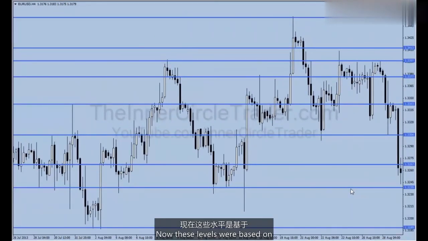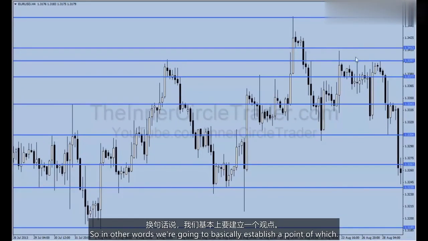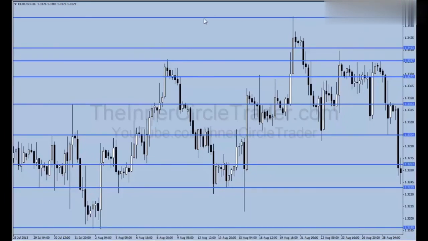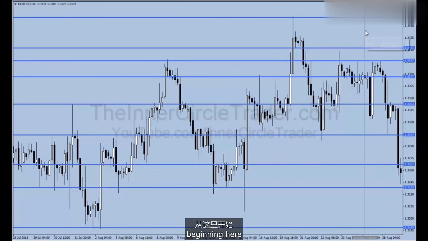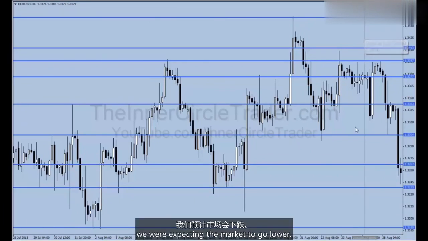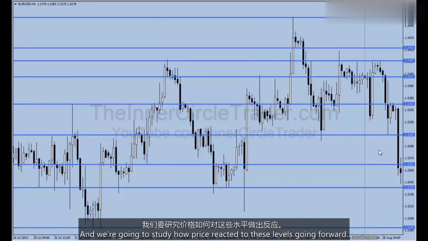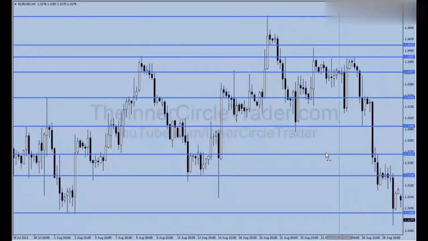Okay, now these levels were based on key reaction levels on the daily time frame before the fact. So in other words, we're going to basically establish a point of which we'll delineate that with the vertical line here. We'll just say beginning here, we were expecting the market to go lower, and we're going to start watching and just going to study how price reacted to these levels going forward.